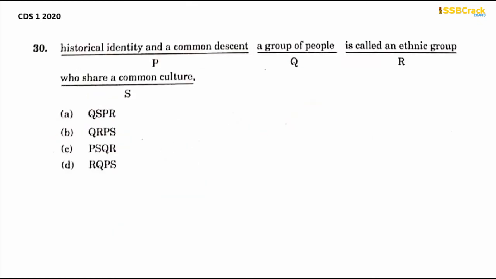The last question from ordering of words in a sentence, then in CDS 1 2020 English paper. So this is a little bit tricky, but "historical identity and a common descent", this is not sounding good. "A group of people", we can start with this. A group of people who share a common culture, comma, historical identity and common descent is called an ethnic group.